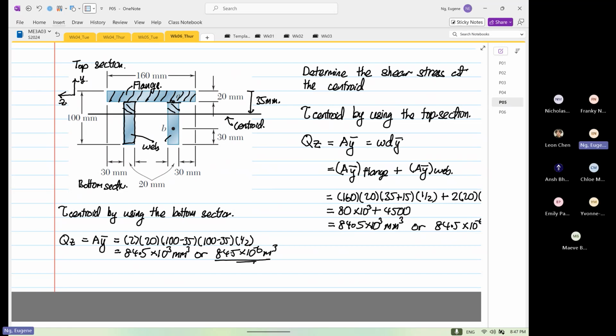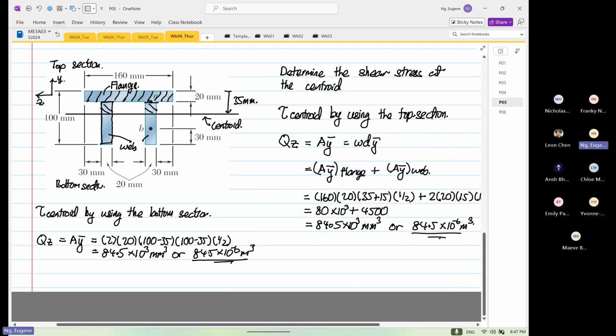You can see that the answer is the same. Yes or no? Whether you take it from the top or you take it from the bottom. And why is that?